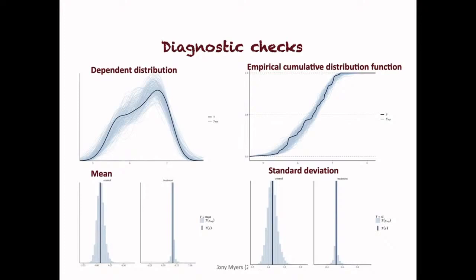So y versus y rep. The empirical cumulative distribution function, in the same way, looks like it's captured it. Then I can go down to the means and standard deviations of the groups on the bottom plots, and it looks like the simulations have captured the descriptives in the data. So I'm pretty happy that it's captured the data well.